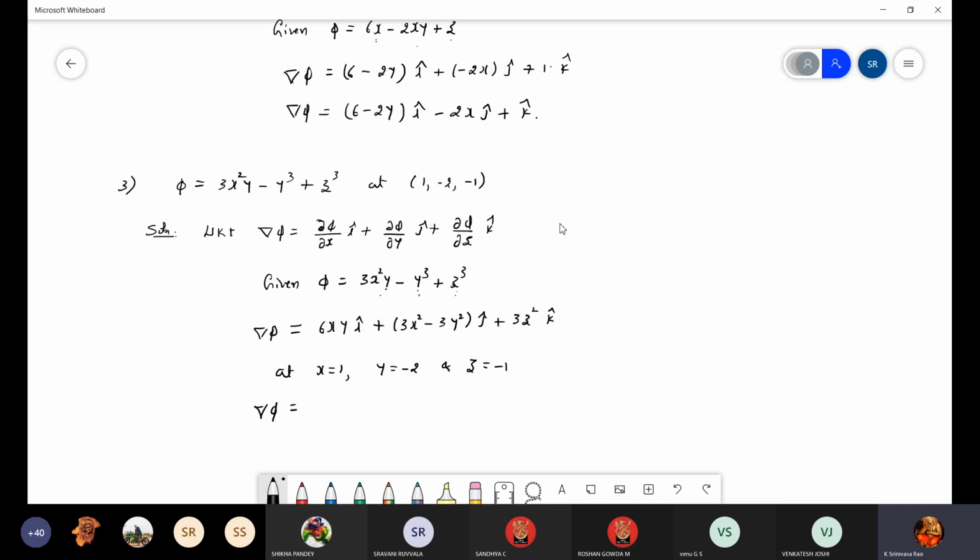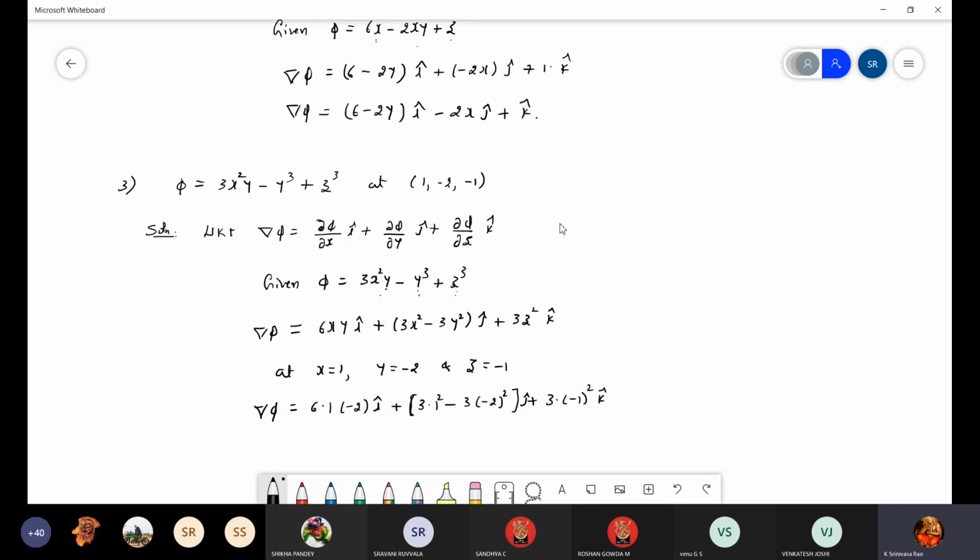One more step if you want, you can take 6 into x is 1 into y is minus 2 i cap plus 3 into x square is 1 square minus 3 into y square is minus 2 square. Okay, so substitute properly. Plus 3 into z square is minus 1 whole square, into k cap.